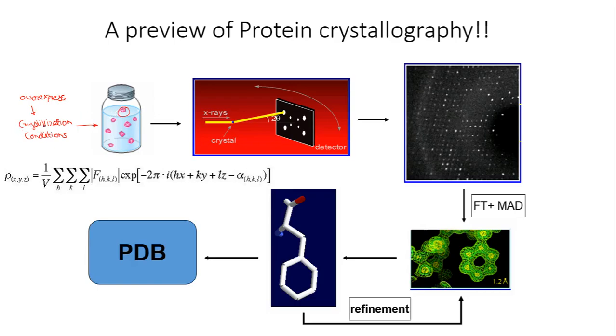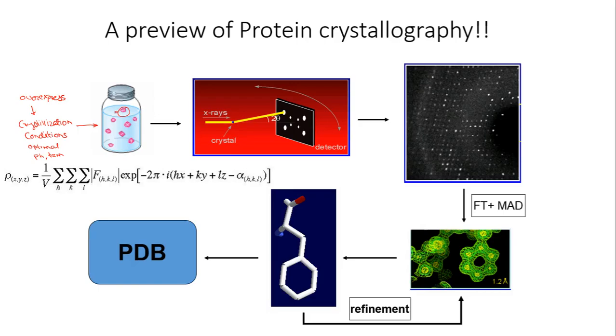So what do I exactly mean when I say that you need to obtain the crystallization condition? You need to figure out some optimal pH or optimal temperature or optimal condition in which the protein will get crystallized. And this is a very difficult task.